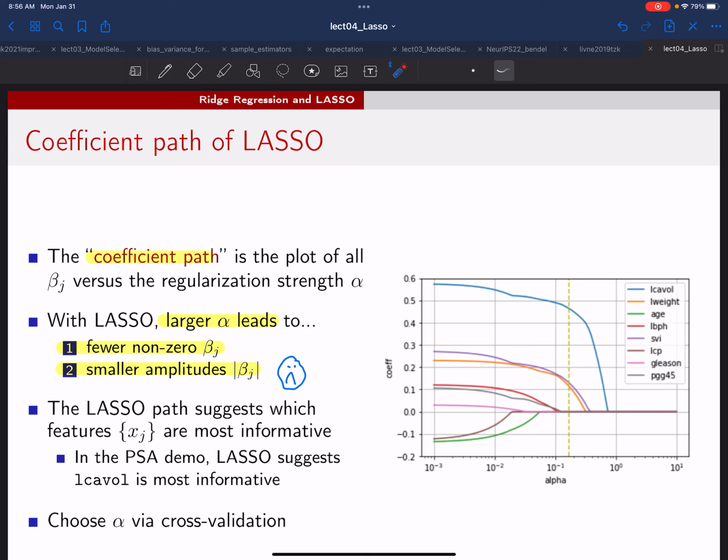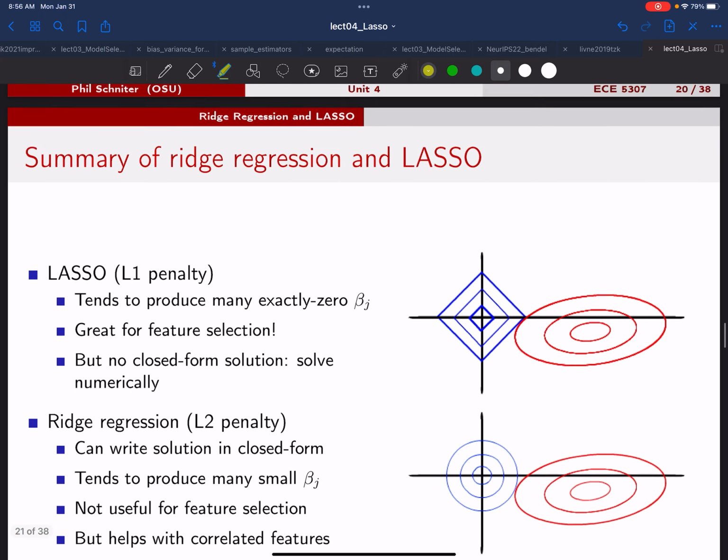As before, we could try to choose alpha via cross-validation. Although I'll have more to say about this, we have to think pretty carefully about exactly how we should be doing that.